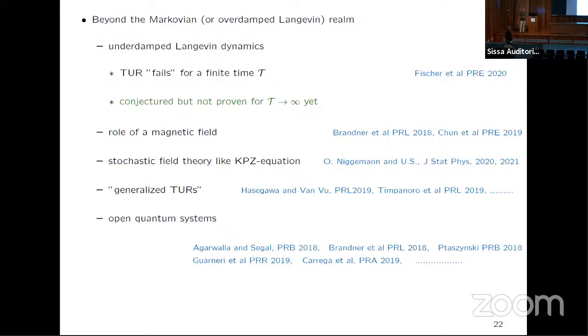No, I don't have an intuition, but we know that even with the magnetic field, for instance, this is work with Kay Brandner, if you look at an n-terminal situation and you use this Landauer-Büttiker scattering approach, you can show that again, you would need infinitely many probe terminals. So we have bounds as a function of the number of terminals.